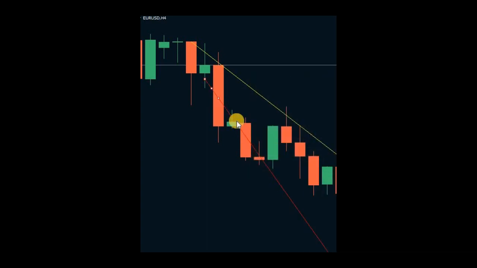Let's see. If we draw our trend line and put the second point on the body of this candle, as you can see, this trend line is lower in this case, so our real trend line, the yellow one, doesn't pass the body of the candle.